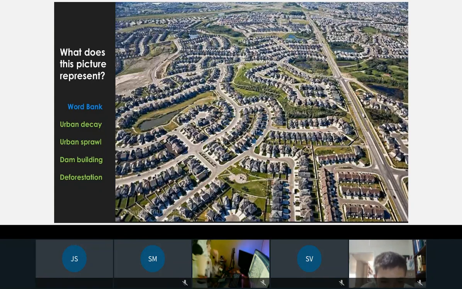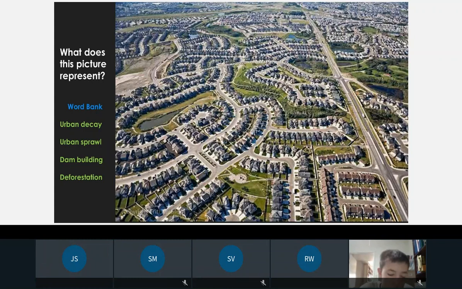Okay. Now, here's a word bank here. We have urban, well, Raina, read them. What does this picture represent? Word bank. Urban decay. Urban sprawl. Dam building. Deforestation. Okay.